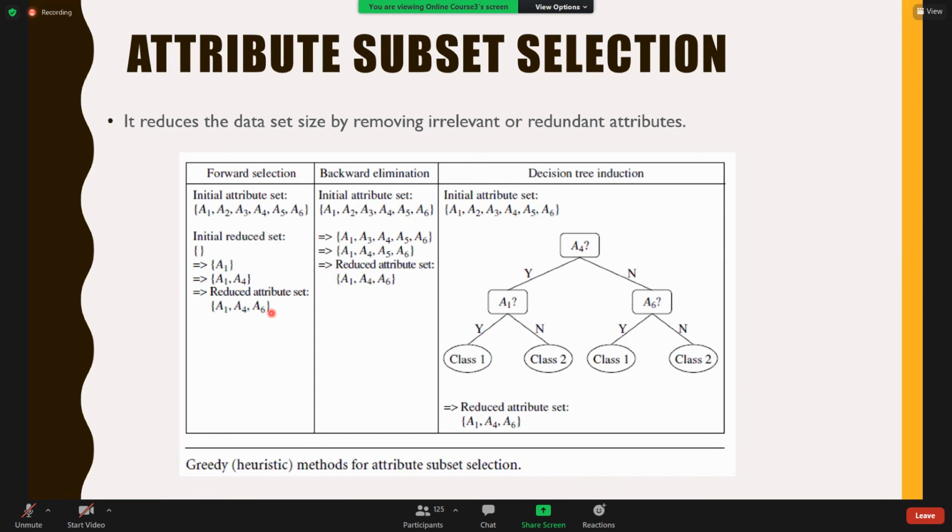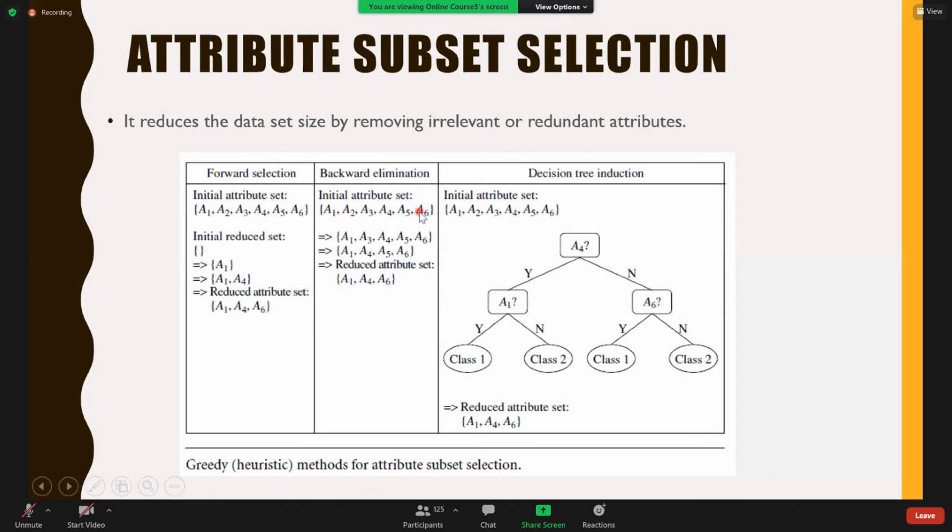There are different techniques for selecting the attribute, which we'll discuss in the third unit. But here is the general procedure of forward selection: it starts with an empty set, and at each step the best attribute is selected and included in the output set. When to terminate depends on the criteria we use for selecting the attributes.